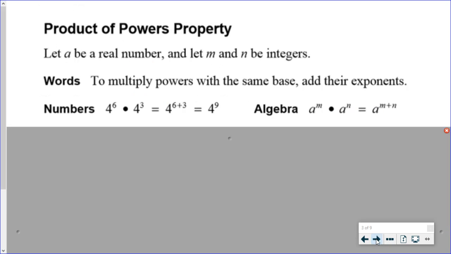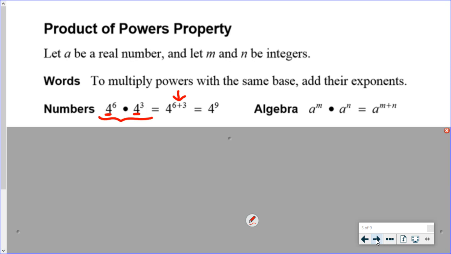Okay, now here's a formula. When you have the same bases with different exponents, so here my bases are 4, my exponents are 6 and 3. When I have the same base, whether it be a number or a variable, we add the exponents.